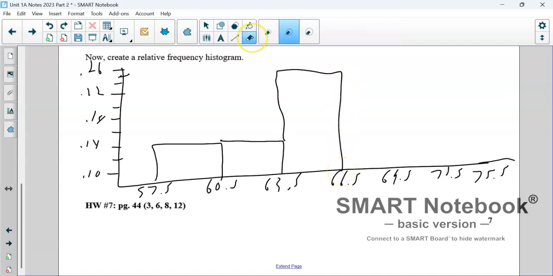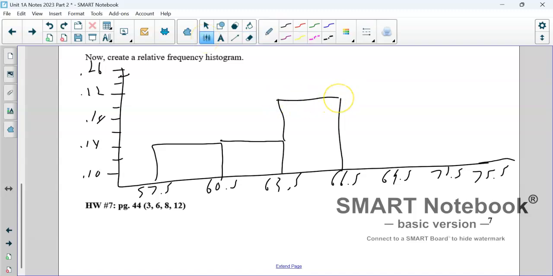That was supposed to be 0.21. So that would be just under 0.22 right here. So about right there. Then we're going to go up to 0.25. Then back down to 14%, 0.14. And 0.11, which is going to be halfway between 10 and 12. So something like that. And that's your relative frequency.